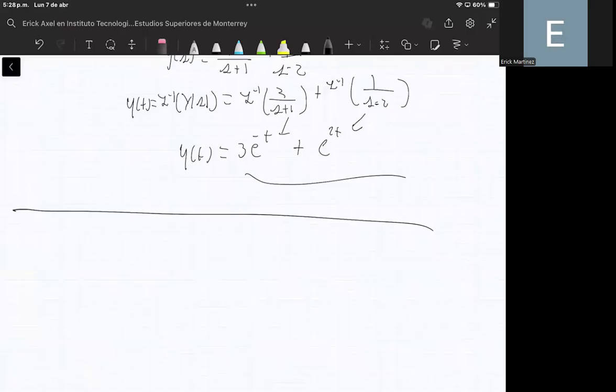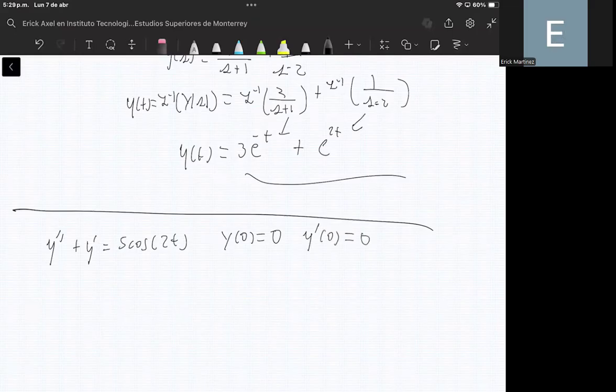We have the following second order differential equation: y double prime plus y prime is equal to 5 times the cosine of 2t. For the initial conditions, at time t equals 0, y is equal to 0. And since here we have a second order differential equation, we also need an initial condition for the first order derivative, that in this case is also 0.